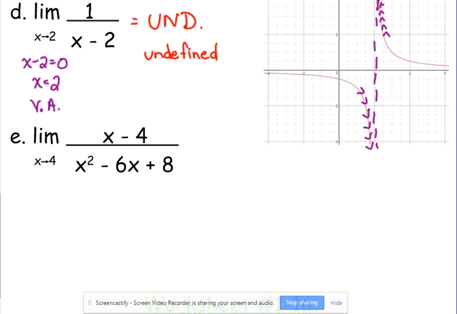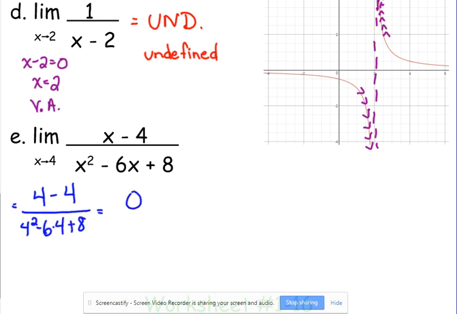Okay, the limit as x approaches 4 of x minus 4 over x squared minus 6x plus 8. Now, you've got a choice. You can go ahead and plug in the 4, see what happens. Or you could analyze this as a rational function. I'm going to just go ahead and plug it in because I want to prove a point here. So 4 minus 4 on top, 4 squared minus 6 times 4 plus 8.